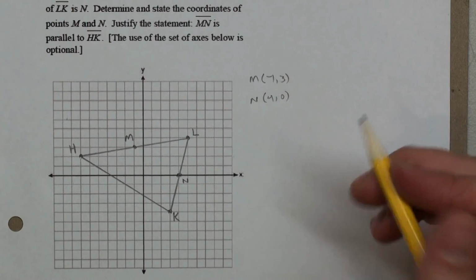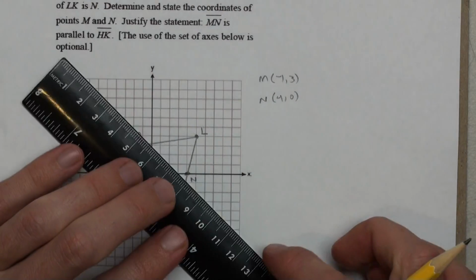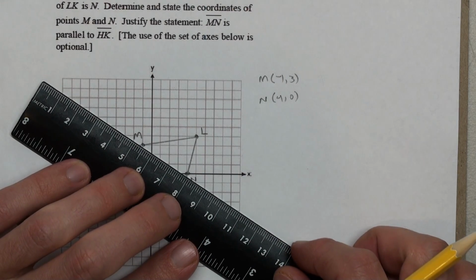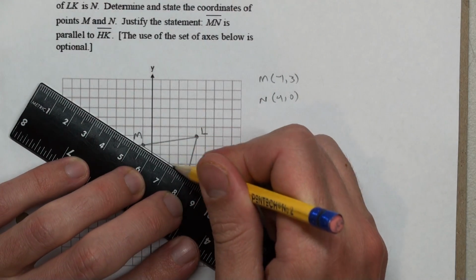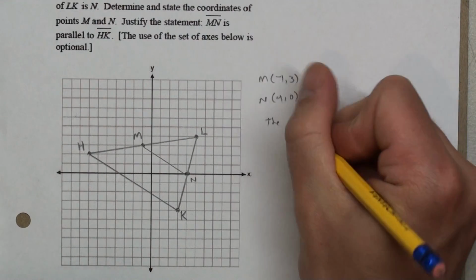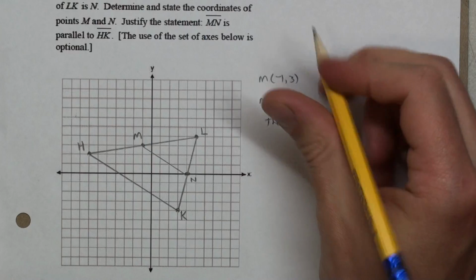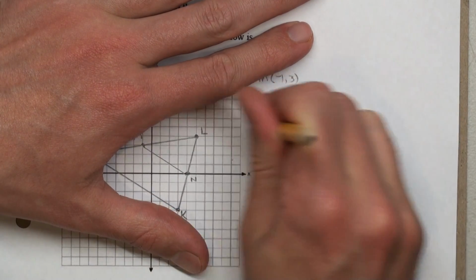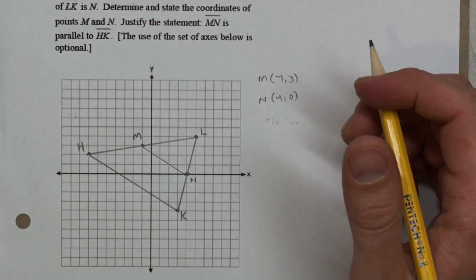Okay, so how do we justify this? We do it the same way we did the other one.